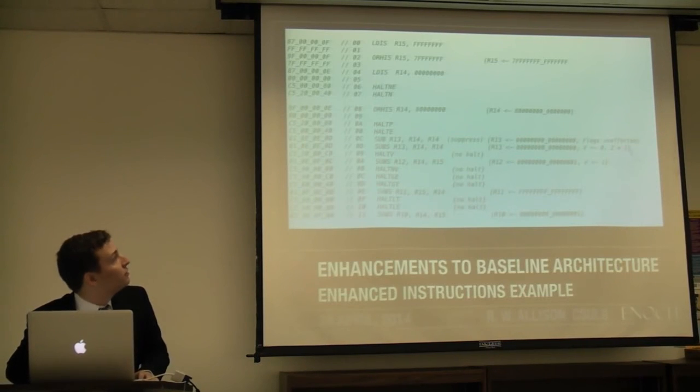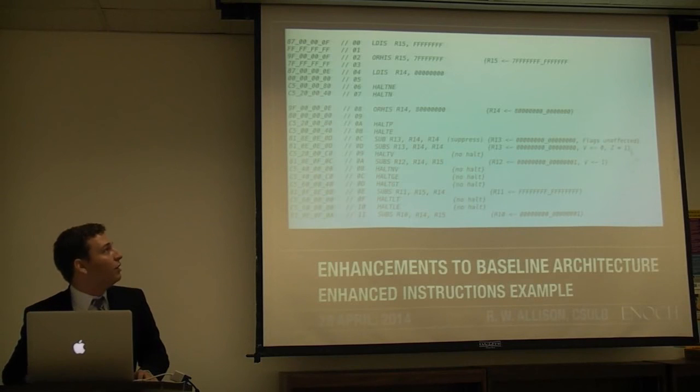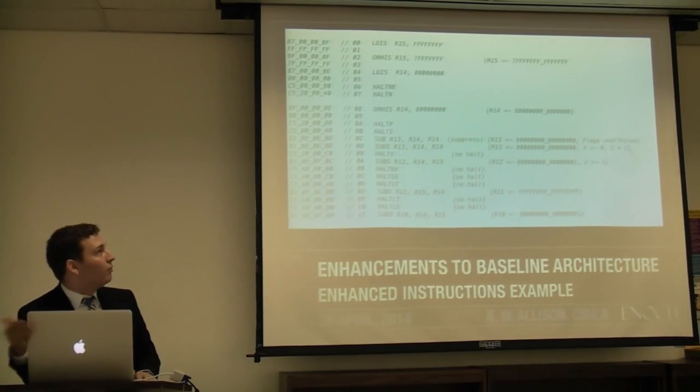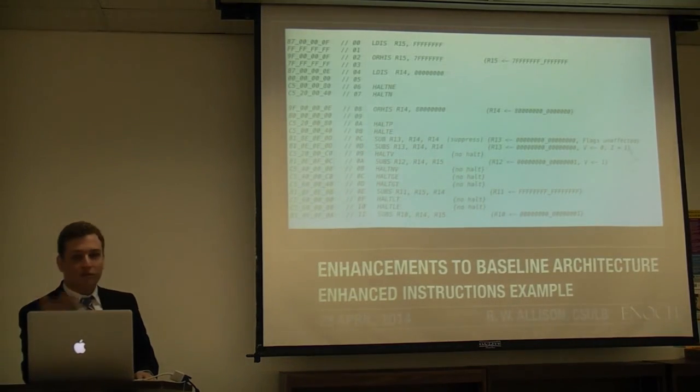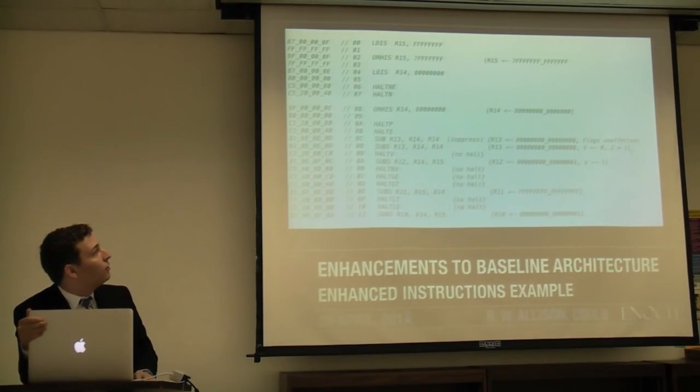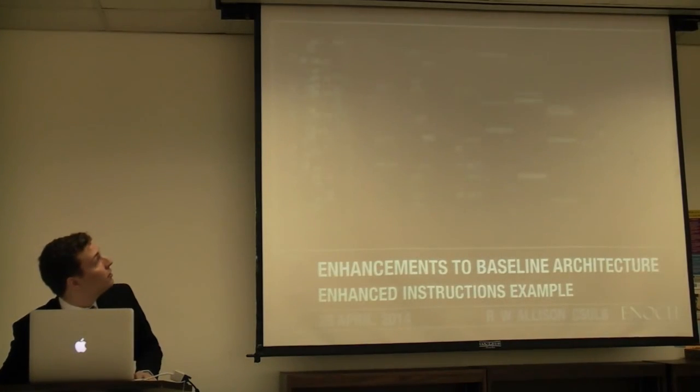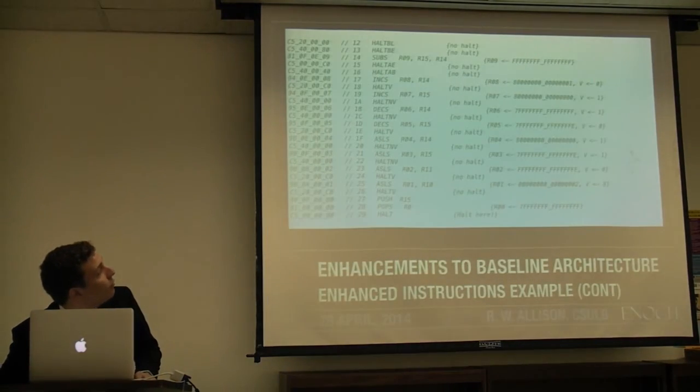And here's an example of the code. So now instead of load immediate, it actually generates a load immediate with setting of flags, or higher setting of flags, a halt if positive, halt if equal, halt if not equal, etc. And here's the continued code that we have.